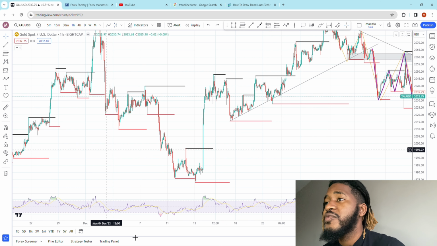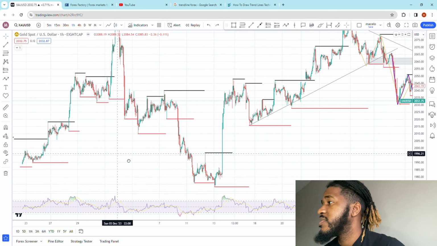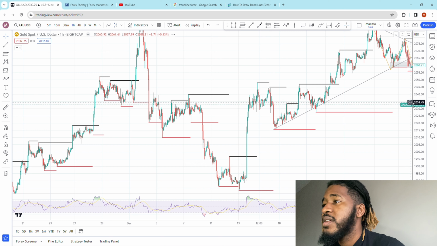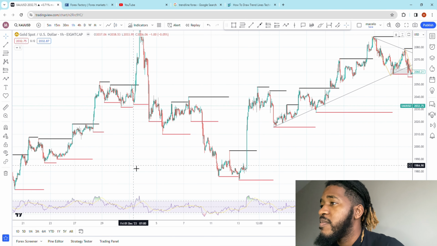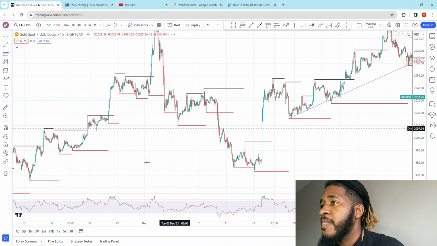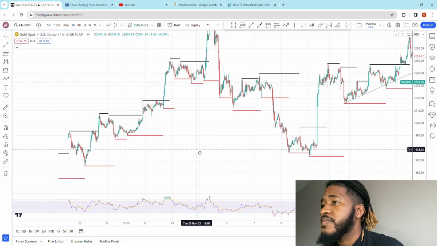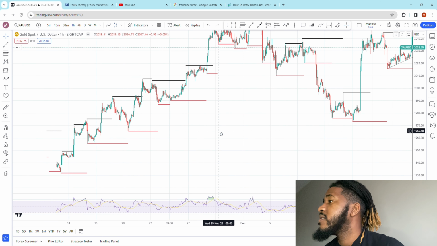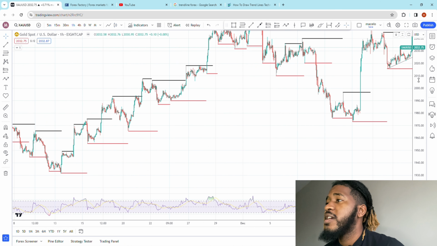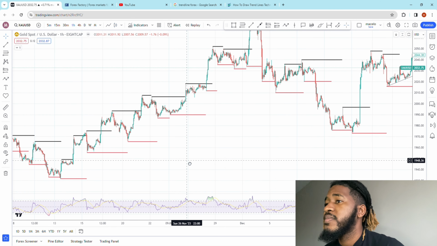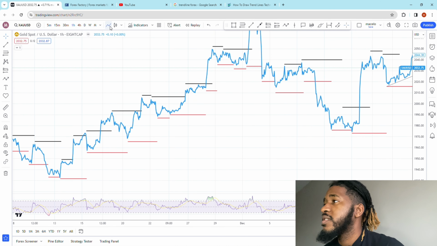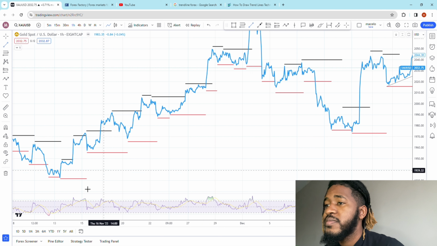Another trend line would look like, if I could find another one. Okay, right here. So this is a trend line right here. This is a clean trend line right here.